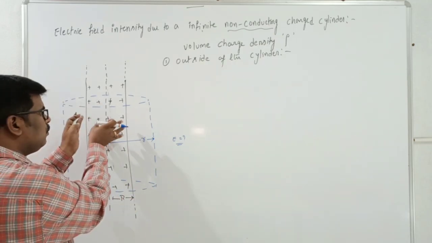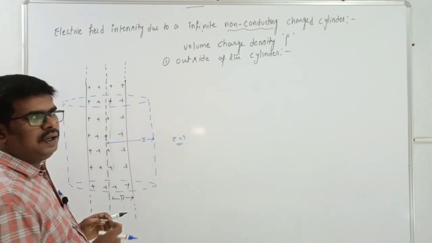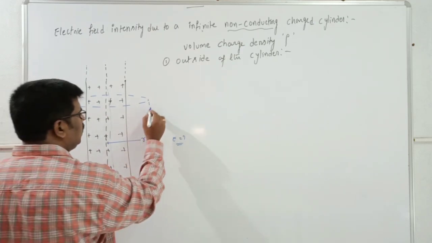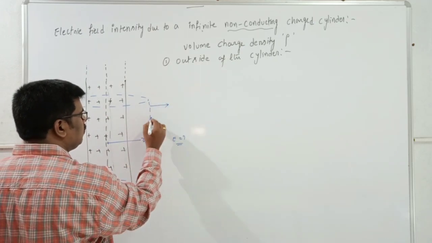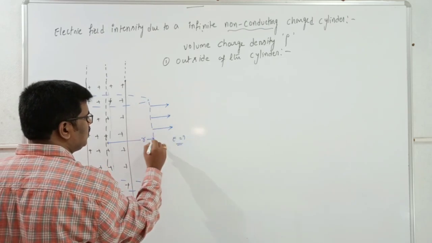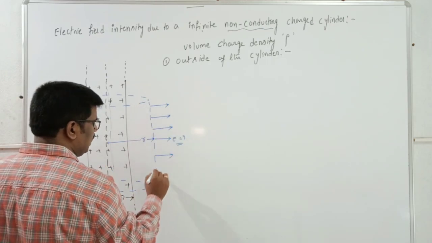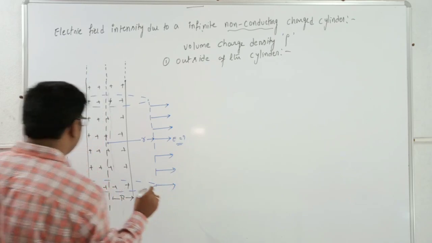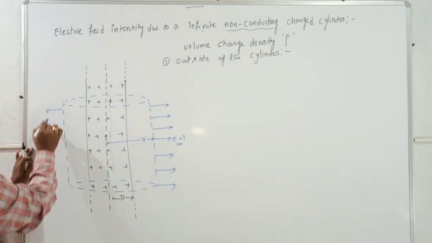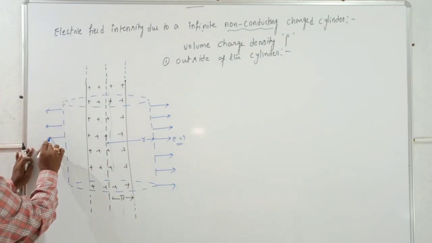Now, due to this body, the electric field is radially outwards. Everywhere over the Gaussian surface, the electric field intensity remains the same, because from the same distance the electric field intensity will be the same.